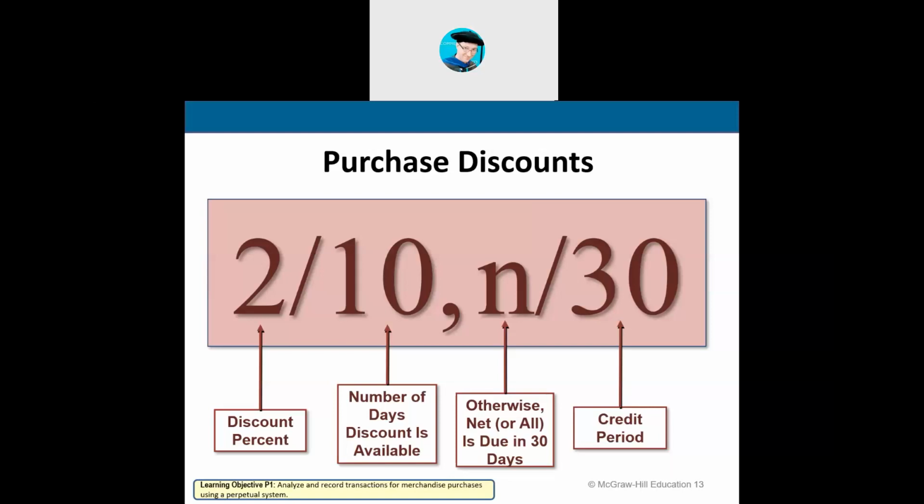It could be 5%, it could be 10%, whatever. But just know that the discount only applies for a certain number of days, and that number of days and that discount are up to the agreement. Otherwise the whole thing is due within 30 days or whatever the credit period is.